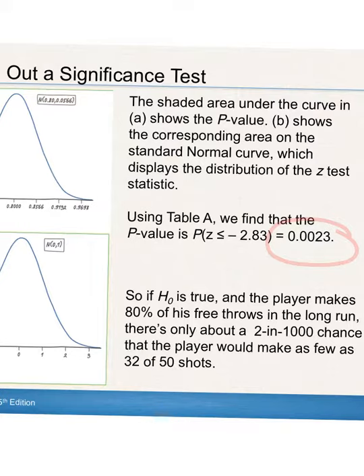That low number allows us to make a clear statement of rejecting the null. So we would say, since our p-value of 0.0023 is less than the alpha of 0.05, we reject the null. We have convincing evidence that the player has less than an 80% free throw percentage.